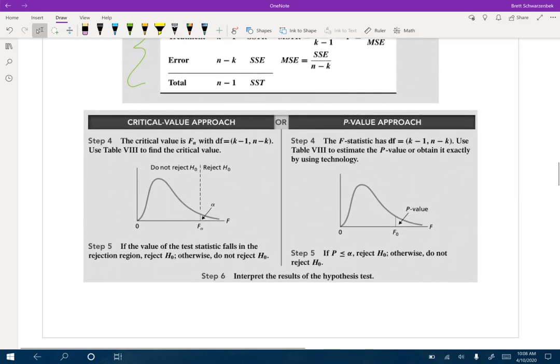And then, of course, we return to our two approaches. I'm going to show you both of them so that you are schooled in understanding them. So just remember, the only thing that ever changes in these approaches is the degrees of freedom. So remember, the degrees of freedom in this is k minus 1, n minus k for DFN and DFD.